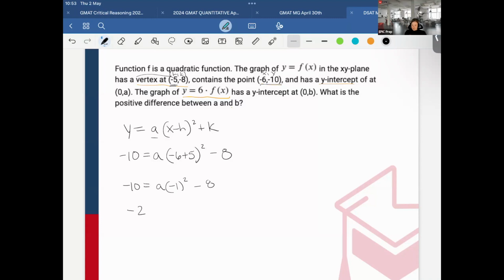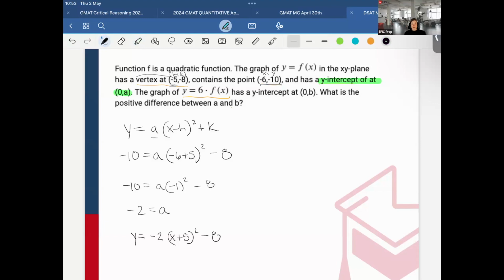Move the 8 to the other side, this becomes +1, so I get that the a value is -2. Then I can write the complete version of vertex form, which would be -2 times (x plus 5) squared minus 8.